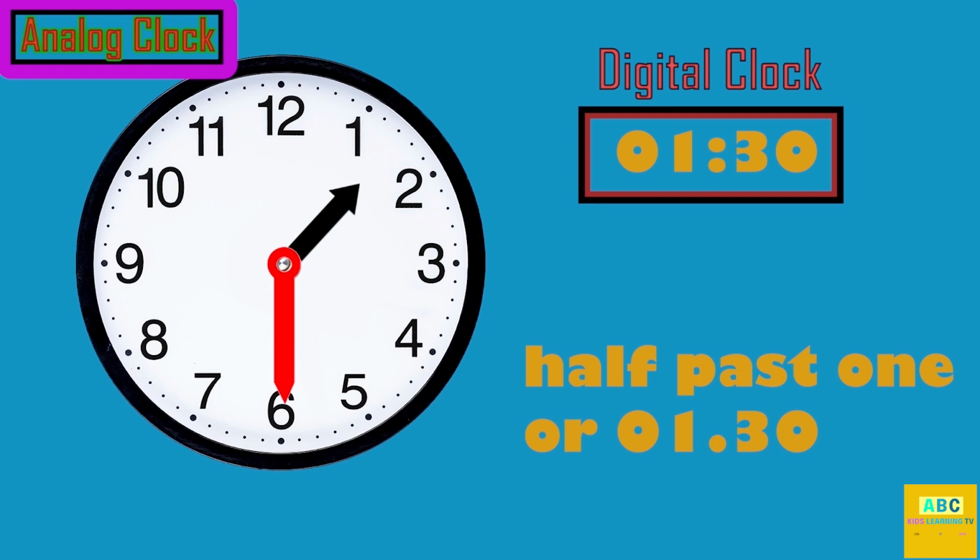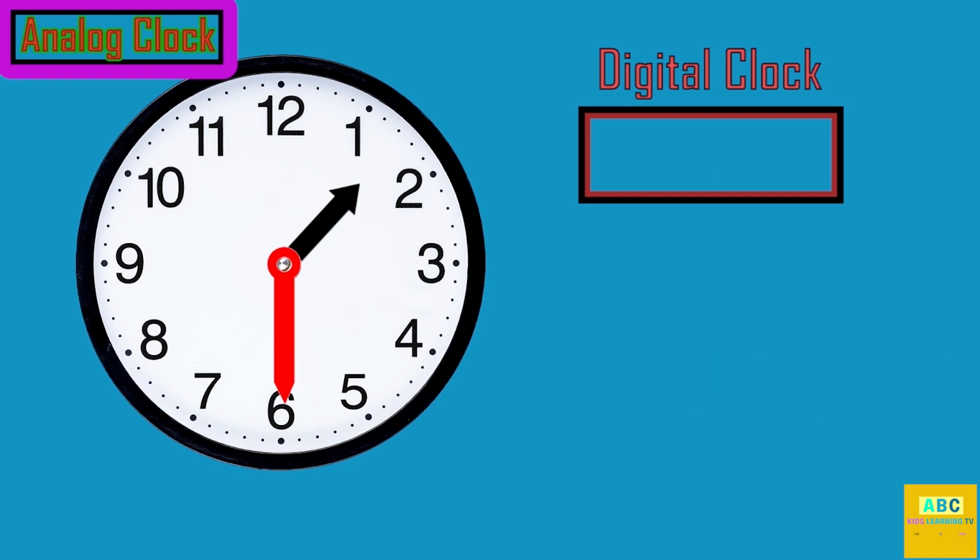Good. So what have we learned? We have learned when the minute hand points at 6, it is half past the hour. Now, half past which hour? It is half past the hour towards which the hour hand has moved halfway.